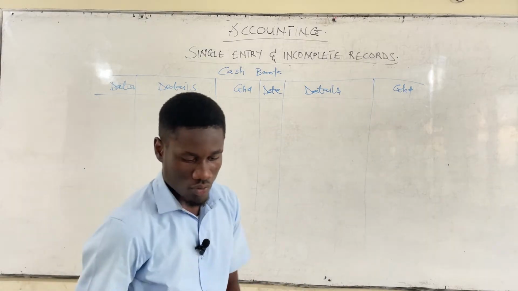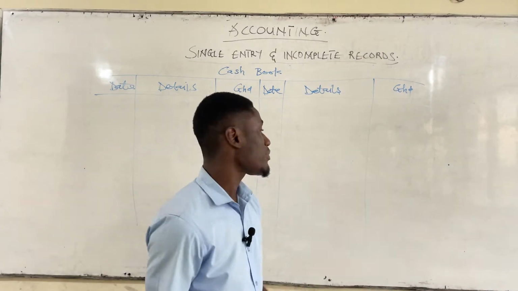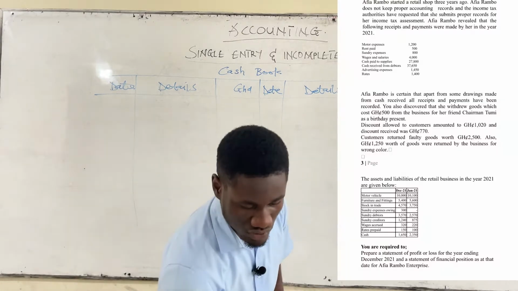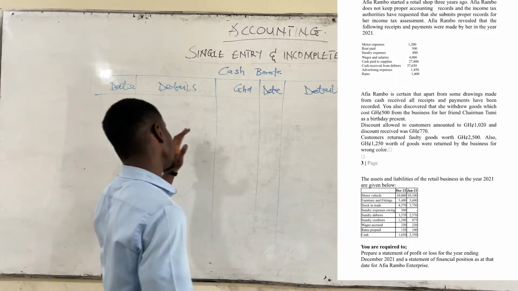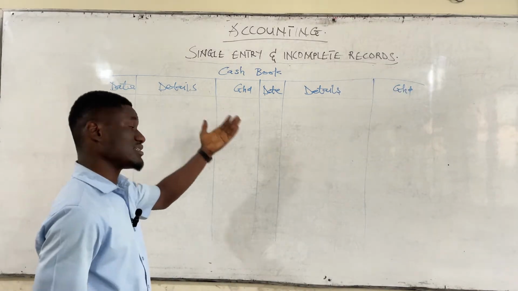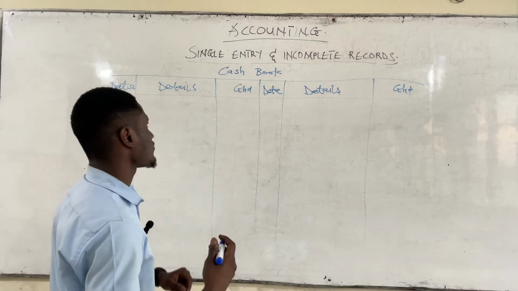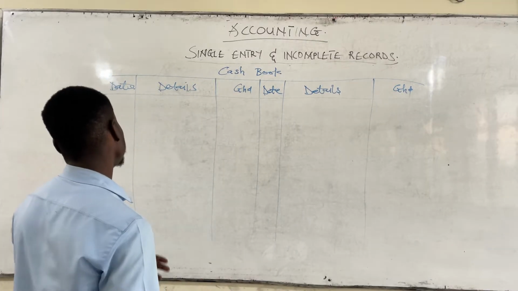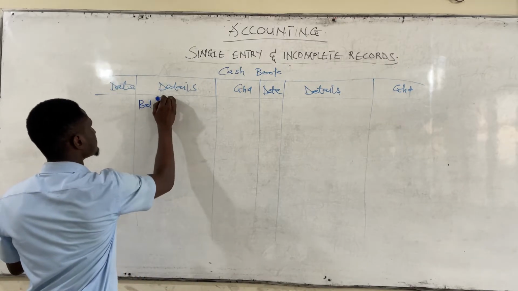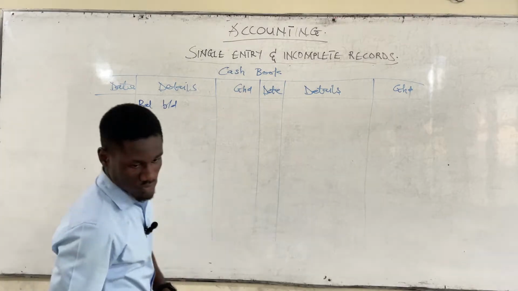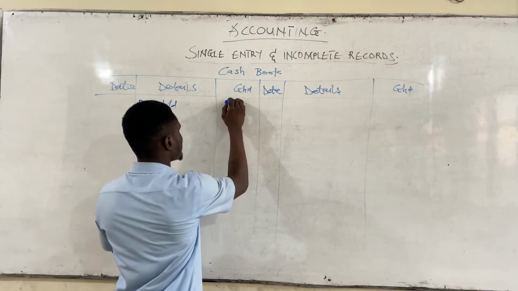So we'll come to the question and list our items. So we'll start with our balance BD for cash, and we know that the balance BD for cash is 2,350, right? And we know cash is an asset, and it's going to have a debit balance, and our balance BD will be here. Balance BD 2,350.